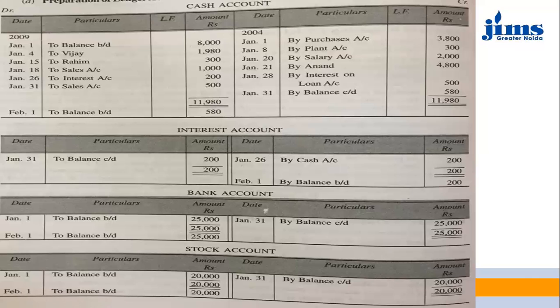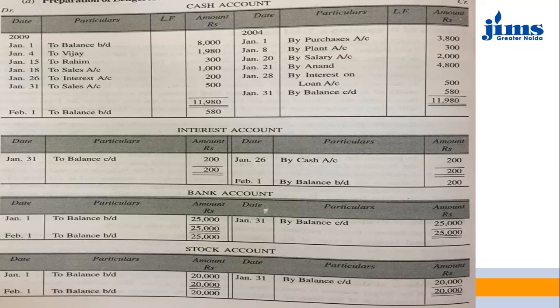As we saw in the previous lecture, in certain accounts the debit and credit totals were the same, meaning no outstanding amount was left. But usually it happens for only a few accounts. In all the other accounts, we usually have a balance left, and we need to balance the ledger account at the end. So let's take up the cash account here.